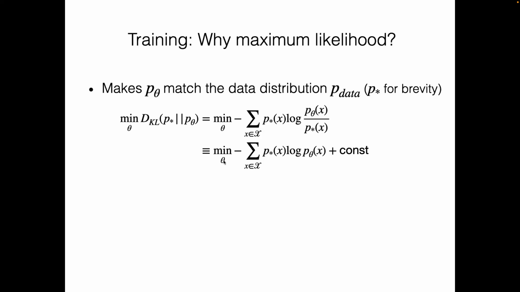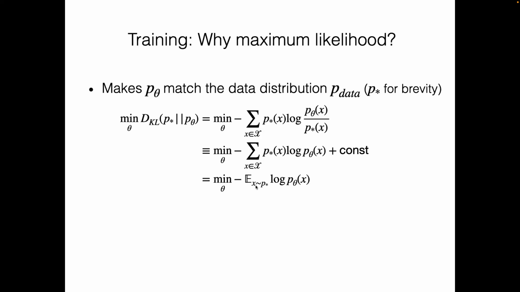And if you're minimizing with respect to theta, then that is constant, irrespective of what you set theta to be. So it's not relevant for the minimization. Now here's an interesting thing. This is just writing the definition of expected value, or expectation. Here we have the sum and P star of x, and that's the definition of expected value.